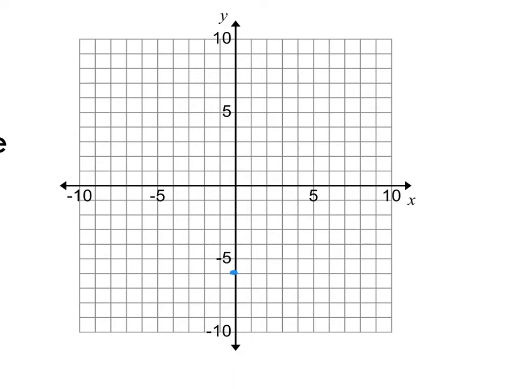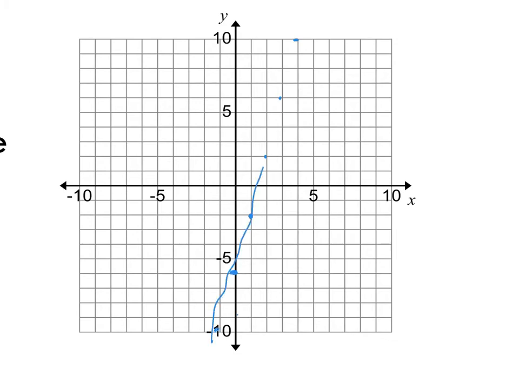And our slope is 4 over 1. So remember, you can go up 4 and right 1. And then we're going to graph this line.